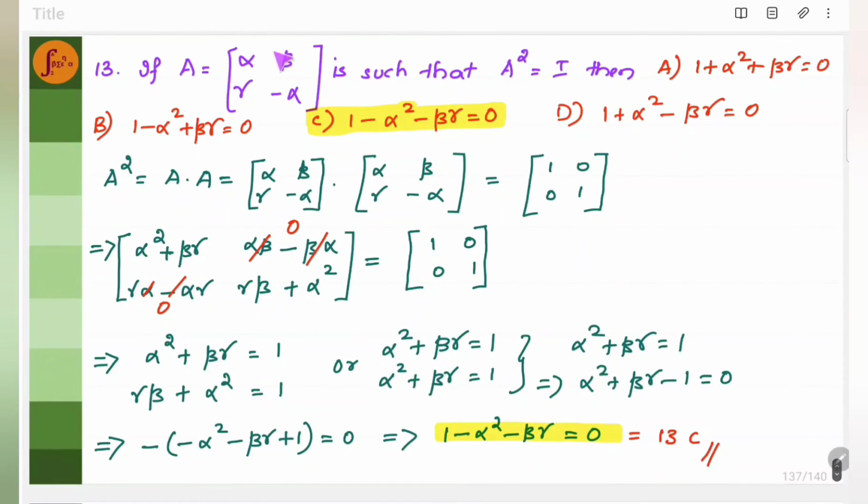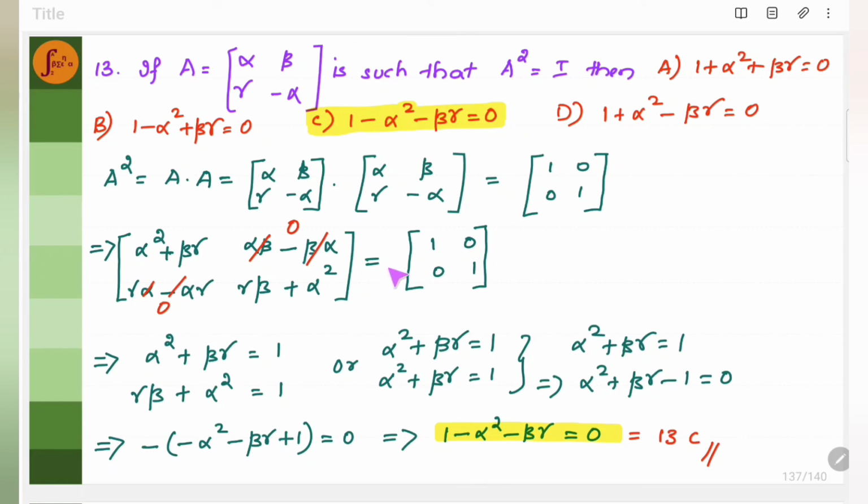Another example: if A is equal to alpha, beta, gamma, minus alpha such that A square is equal to I, then choose the right answer. So A square is equal to the identity matrix. Find A square: multiply A with matrix A, and it should be equal to the identity matrix. Once you do all this, you will get a matrix like this: alpha square plus beta gamma, 0, 0, and gamma beta plus alpha square.